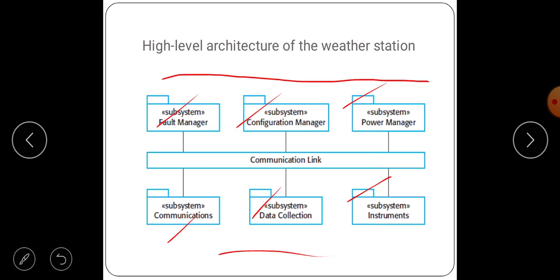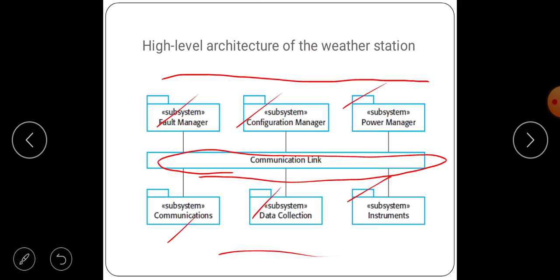The common infrastructure for the subsystems is the communication link.